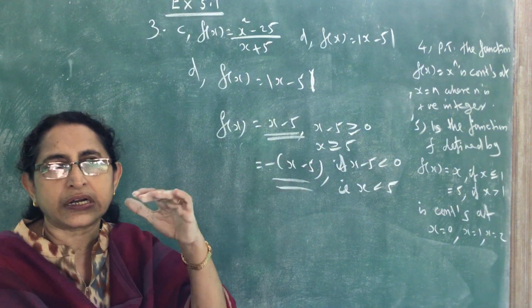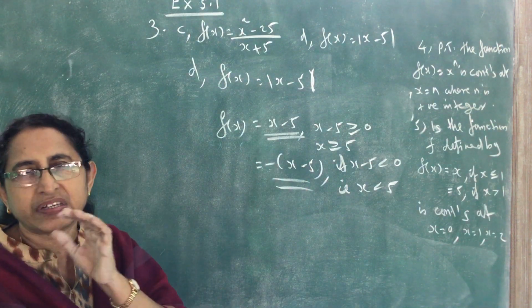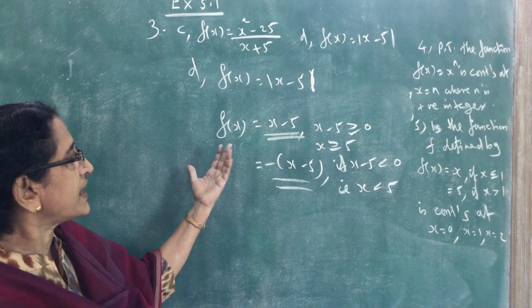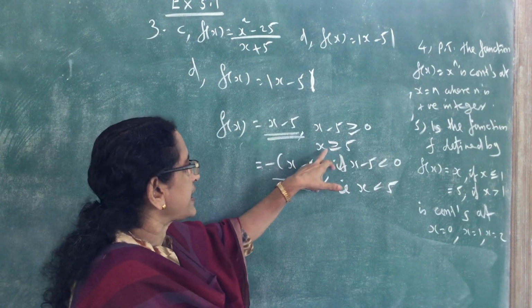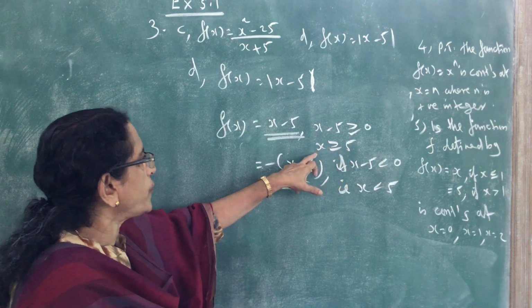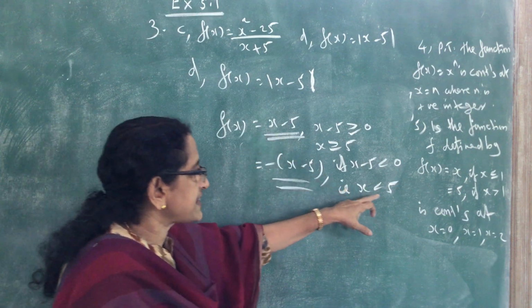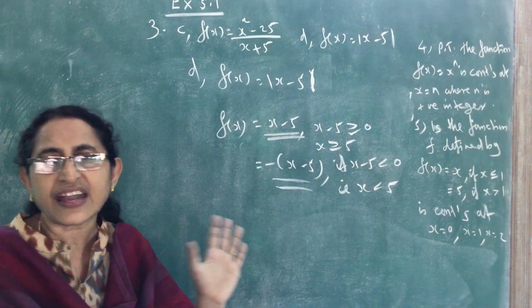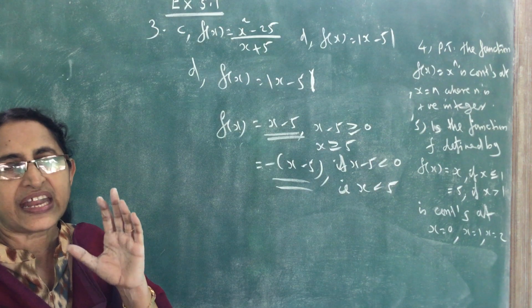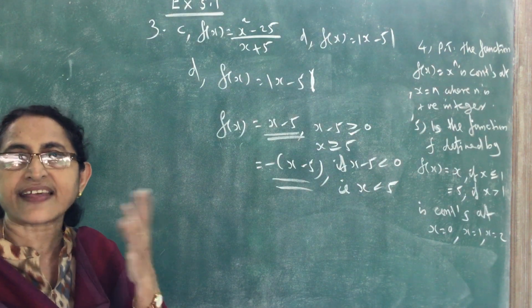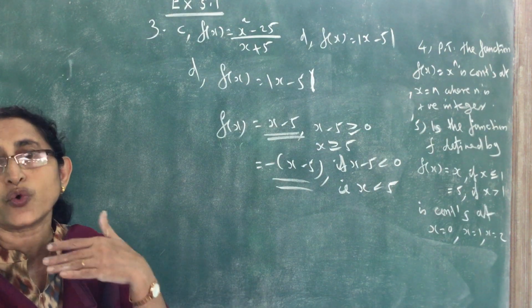So we have to find out different cases. When x ≥ 5, the function is this one; x < 5, the function is this one. So three cases we have to consider. When x > 5 and x < 5, the function has two values.